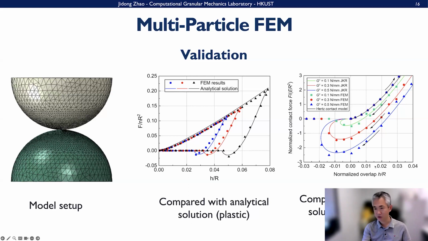So here we consider both. The black one is the Gaussian here. And when we do this unloading, we consider the different cohesive force in this JKR solution here. So this serves as a validation for these examples, right?